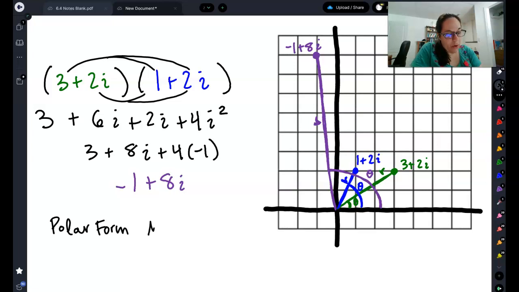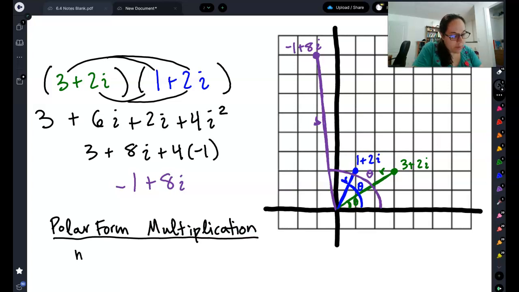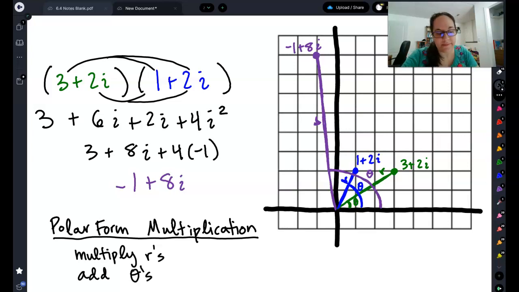So, polar form multiplication. We are going to multiply the radiuses and add the thetas.